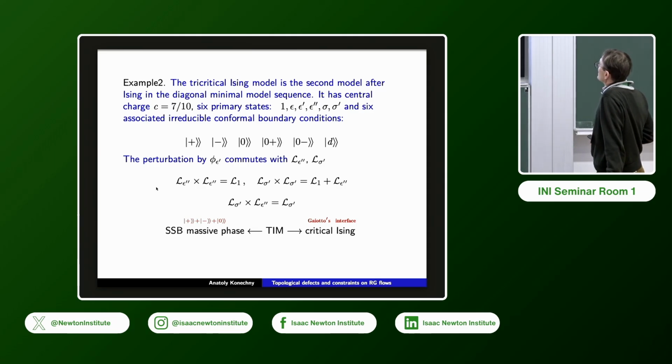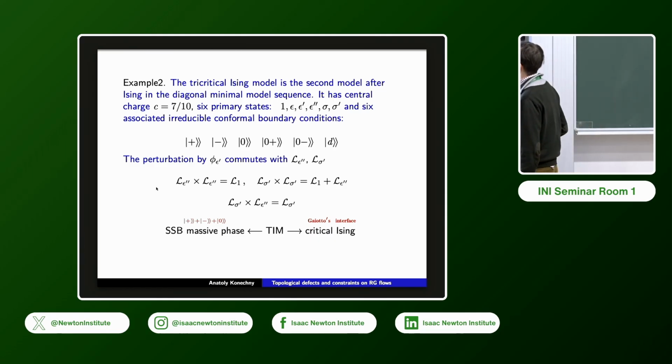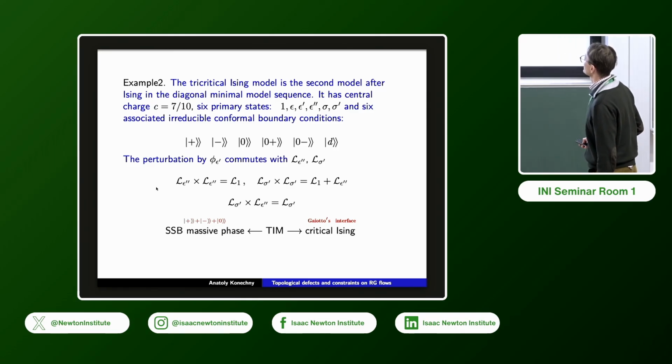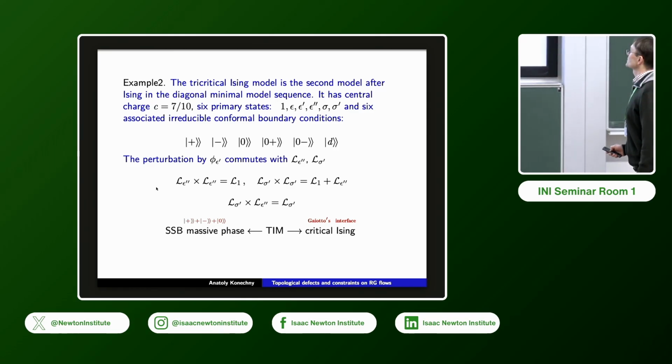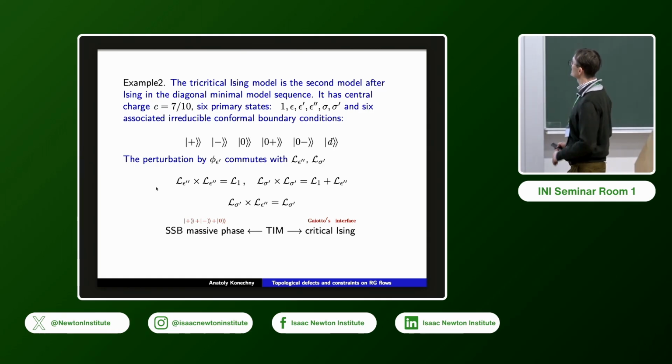And here are the fusion rules. So what do you expect? It turns out that in one direction this is a massive phase, and that's triply degenerate. It is described as a superposition of these three conformal boundary conditions, and you see again it's Z2 symmetric.